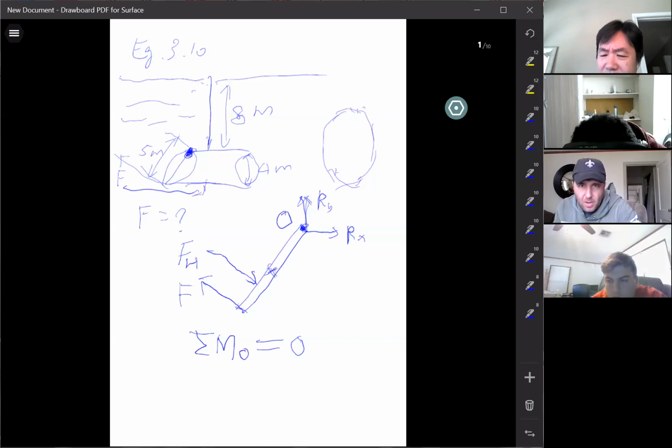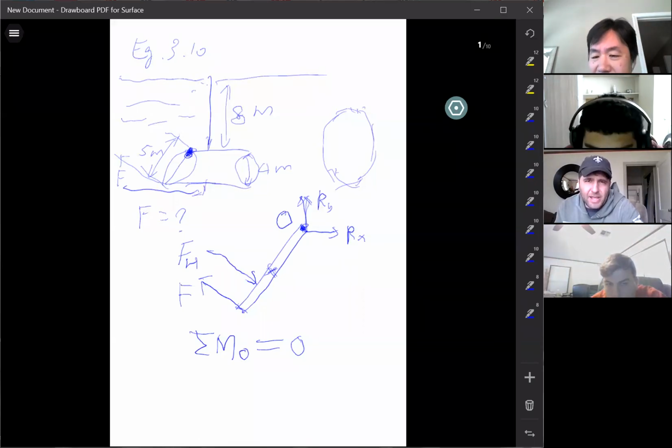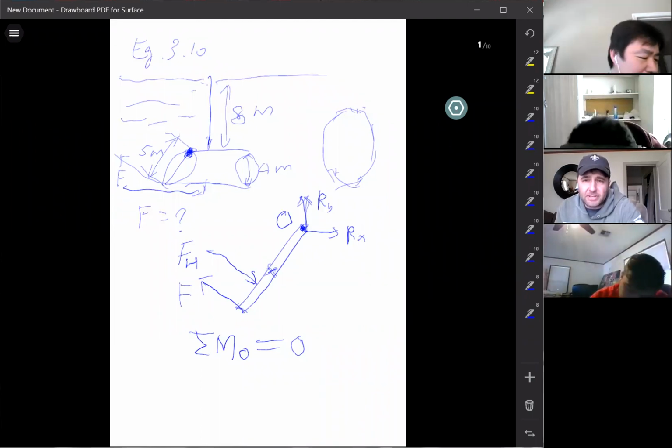Josh, right? I was confused on that as well. I understand that's what it is, but the picture in the book actually says the inside of the pipe is at atmospheric pressure right now. So I still included that force, but that force is actually 0 if it's atmospheric pressure, right?